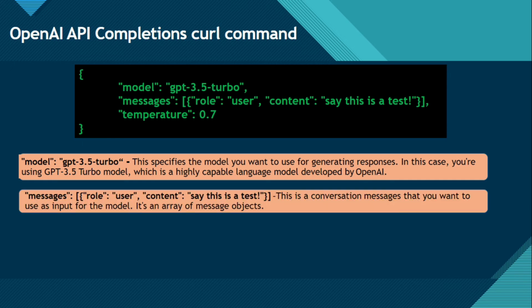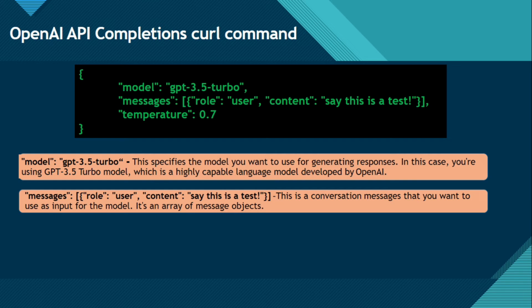Now, messages, and inside this you can see role, user, content, say this is a test. This is a conversation message that you want to use as an input for the model, and it's an array of message objects.